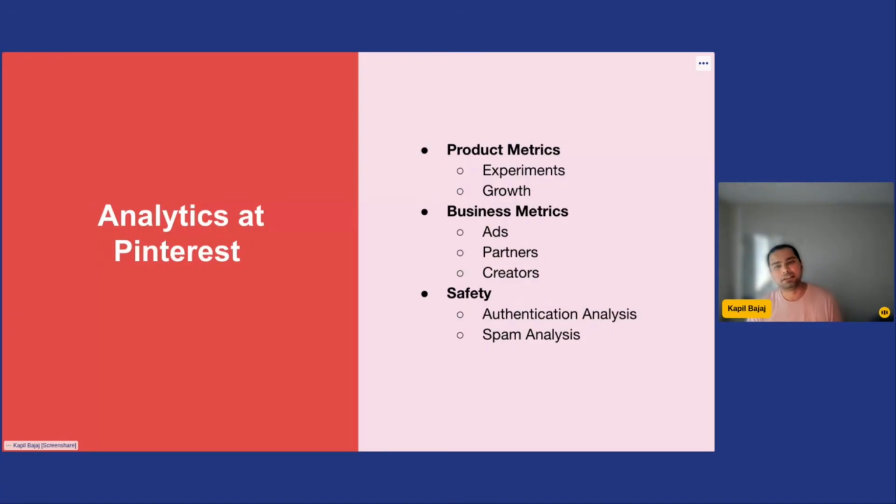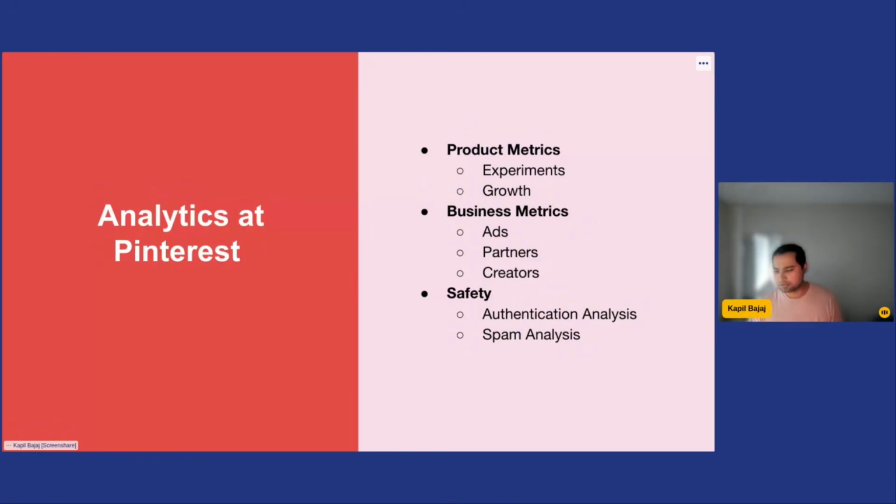So we internally use these metrics for our experimentation tooling, for analysis of our experiments, for analyzing our growth, our products, our pins and video offerings which we provide. We also provide options to our ads partners who are internal teams, or our external partners who are advertisers or creators on Pinterest, on the insights on how their pins are doing.